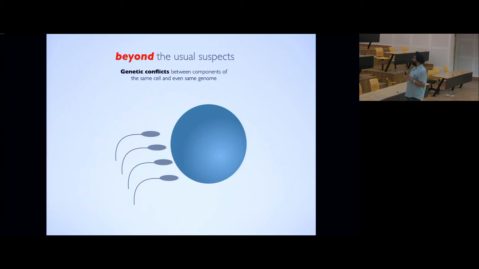What is the game for eggs? Of course, they want to be fertilized. Otherwise, there's no evolutionary advantage. So are the interests exactly the same? There's one key difference, which, I don't blame you for not knowing this, which is that for an egg, being fertilized by 2 sperm is lethal.